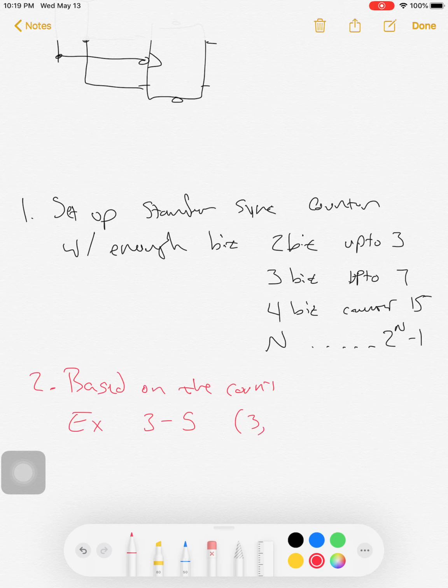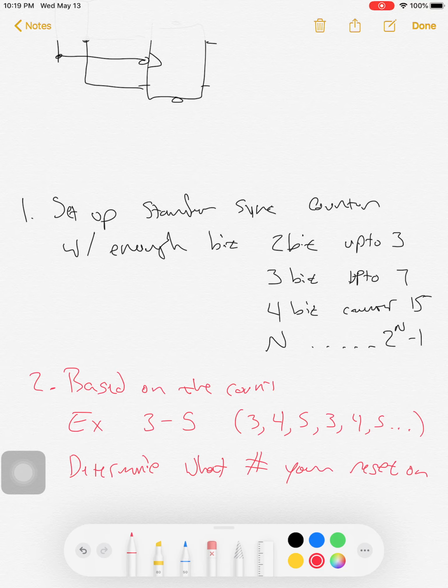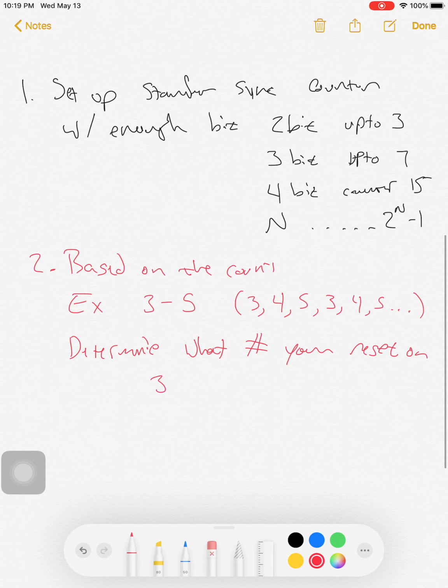So that means we'll go 3, 4, 5, 3, 4, 5, etc. All right, so based on the count, determine what number you reset on. So if I'm going from 3 up to 5, I'm resetting on 6. So once I go 3, 4, 5, the moment I hit that 6, I want to reset back to 3.